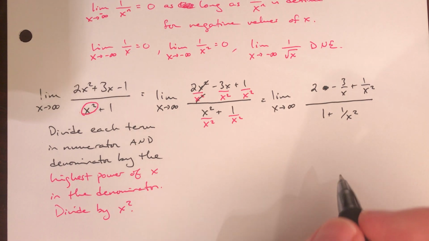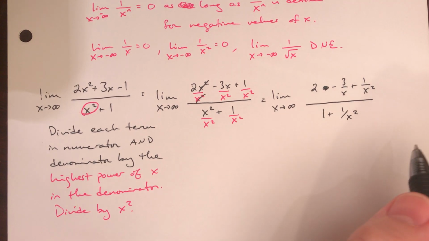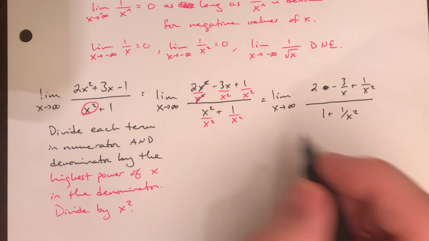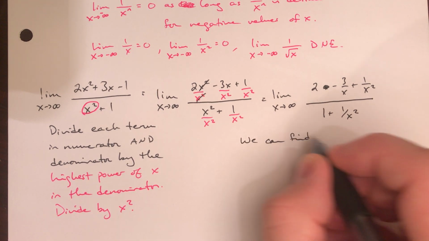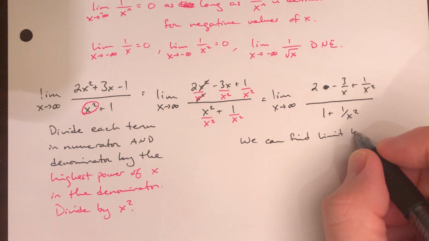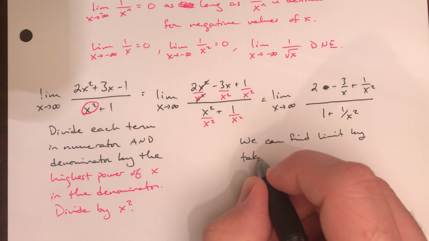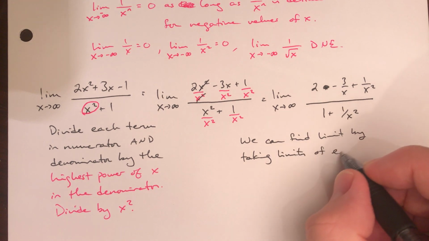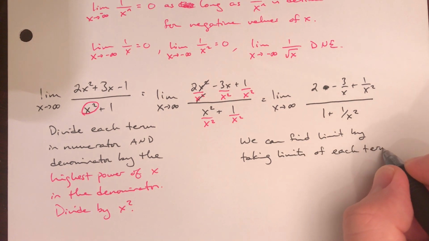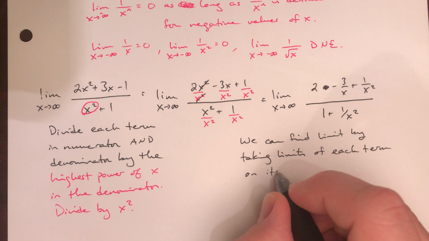And as long as all of the individual limits are defined, we can find this limit by taking the limit of each term on its own.